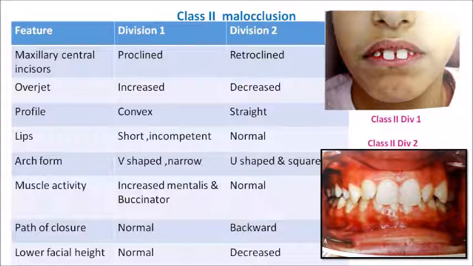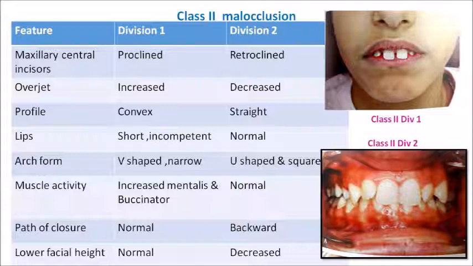Please look at these two pictures and get a clear idea of how a class 2 division 1 malocclusion and a class 2 division 2 malocclusion will look.